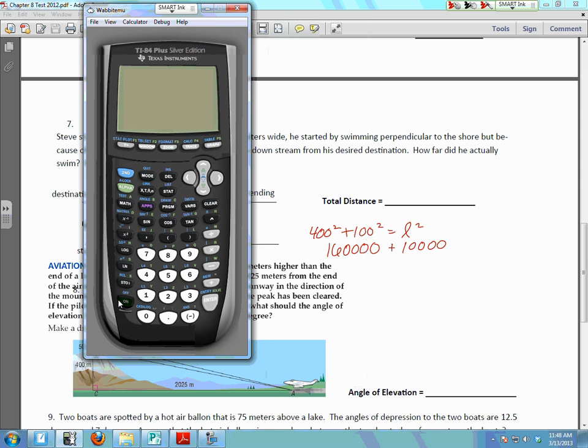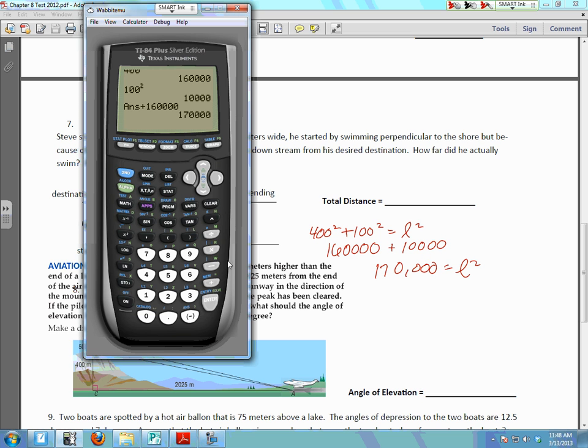So 400 squared is 160,000, and 100 squared is 10,000. If you add those together, you get 170,000, which is equal to L squared.